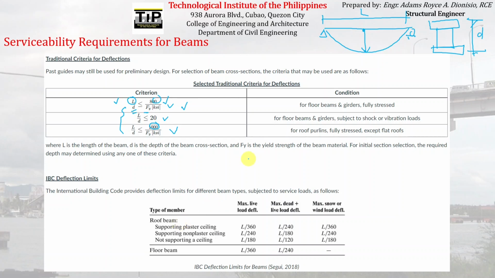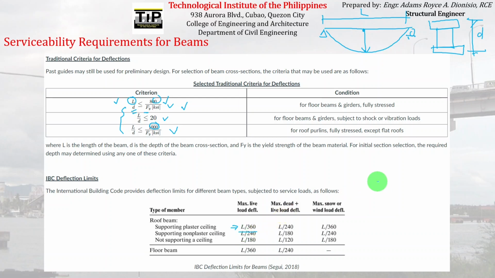So if you will be computing the deflection for a roof beam supporting plaster ceiling, you can use this formula if you are just computing for the maximum live load deflection, meaning this is just the deflection due to the live load only. Okay?